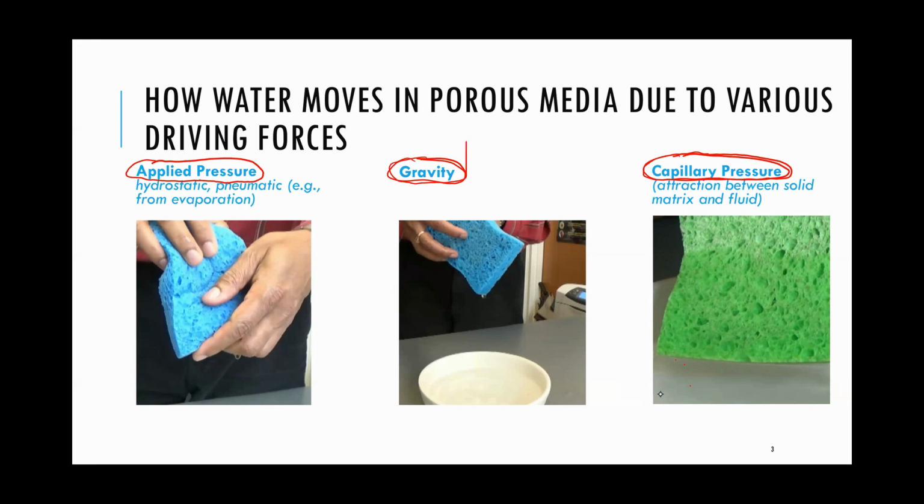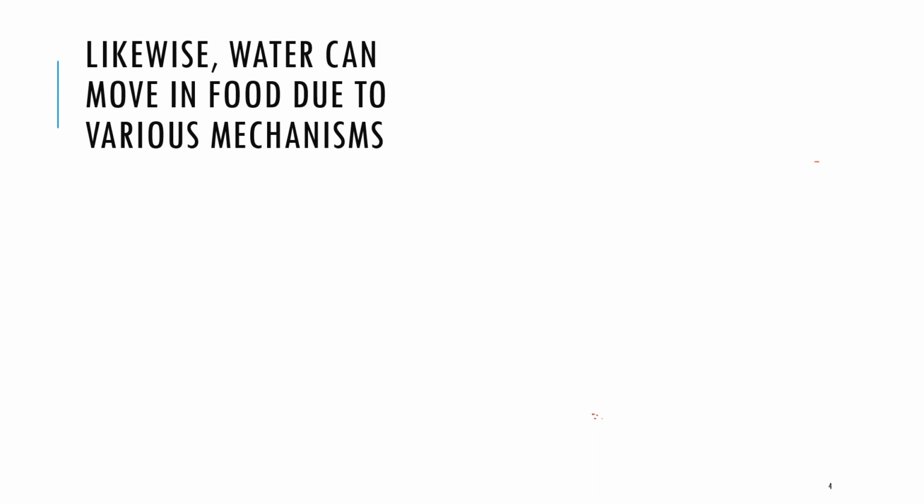And in the next slide, we're going to see some of these forces in a food context. So like the sponge, water in food can also move due to various mechanisms or various driving forces. Let's look at some of them now.